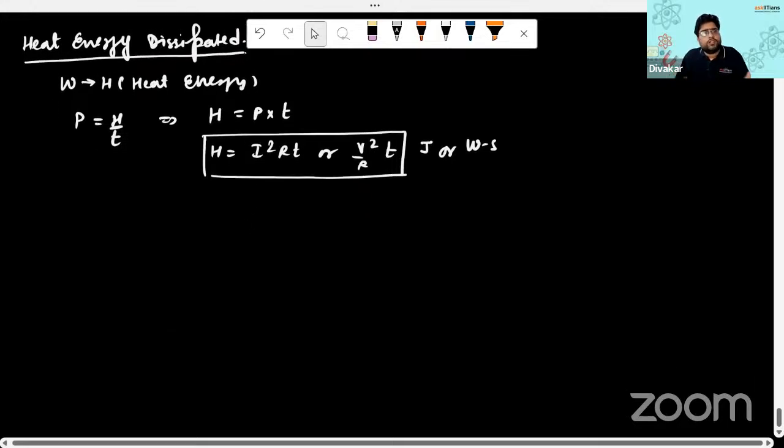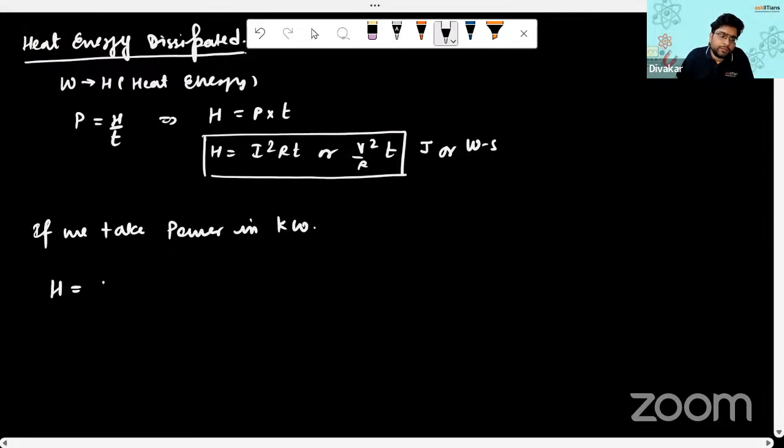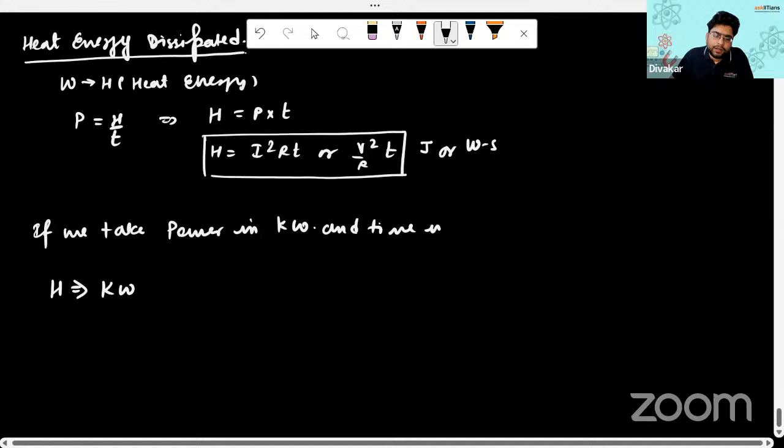Some other units of heat energy are also there. For example, if we take power in kilowatts and time in hours, then your heat energy unit becomes kilowatt multiplied by hours.